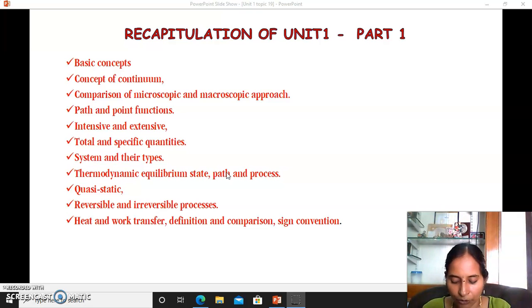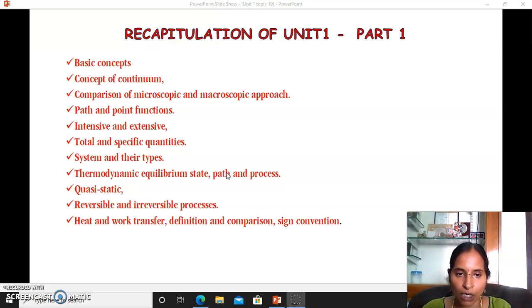The specific heat of a substance is defined as the amount of energy required in the form of heat to change the temperature of a unit mass of the substance by 1 degree. So C, specific heat, is equal to Q divided by m into dT, that is, joules per kg Kelvin.